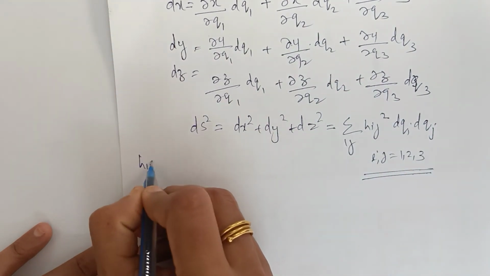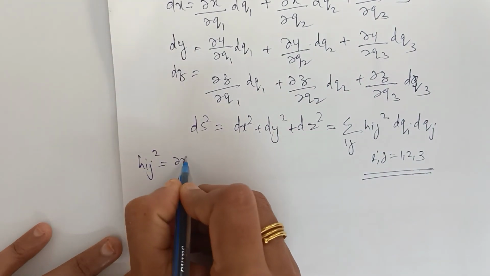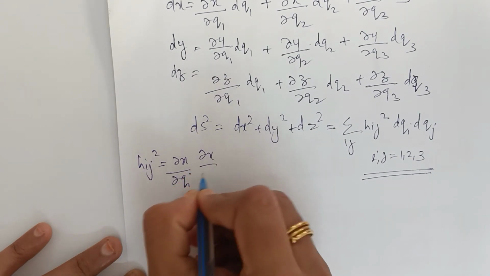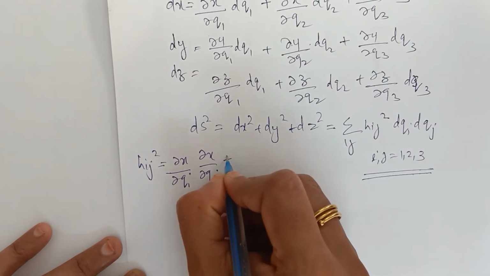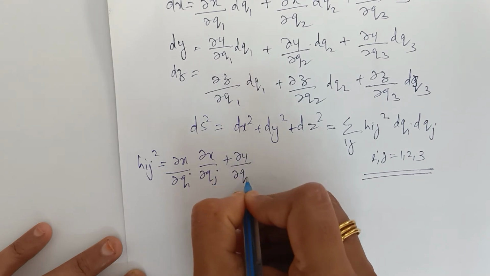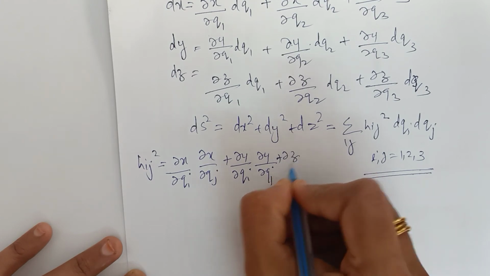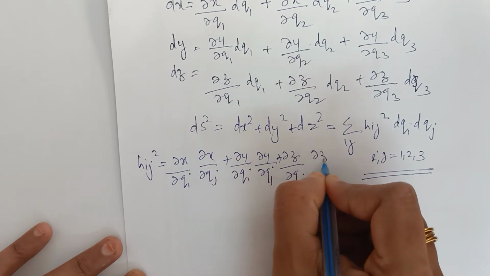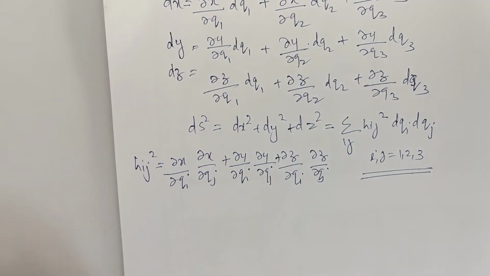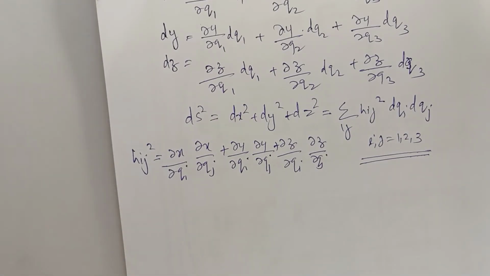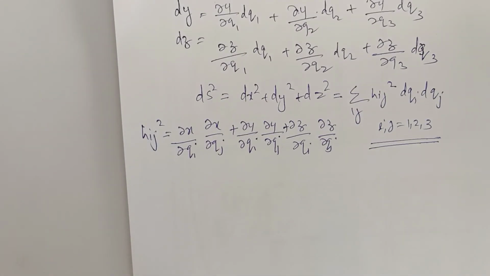Here hij square can be written as dou x by dou qi, dou x by dou qj plus, cyclically, dou y by dou qi, dou y by dou qj plus dou z by dou qi, dou z by dou qj. The most useful coordinate systems are orthogonal ones, in which the surfaces always intersect at right angles. That is why we call them orthogonal, so we can limit ourselves to that coordinate system.